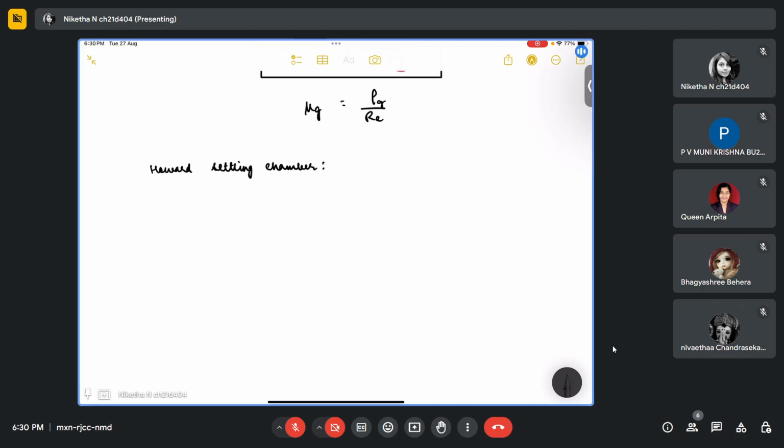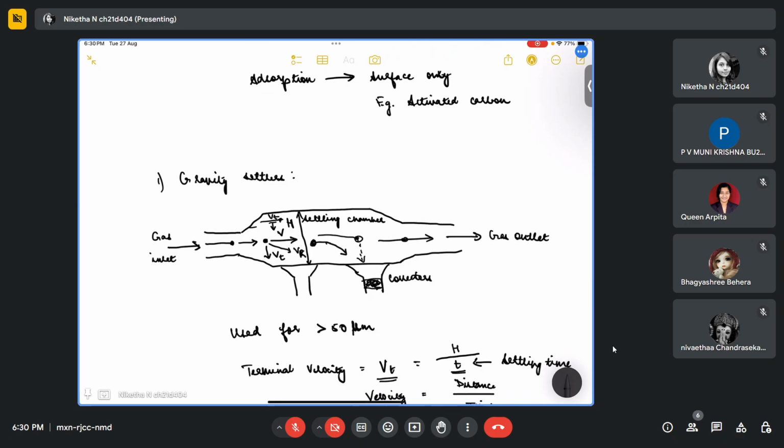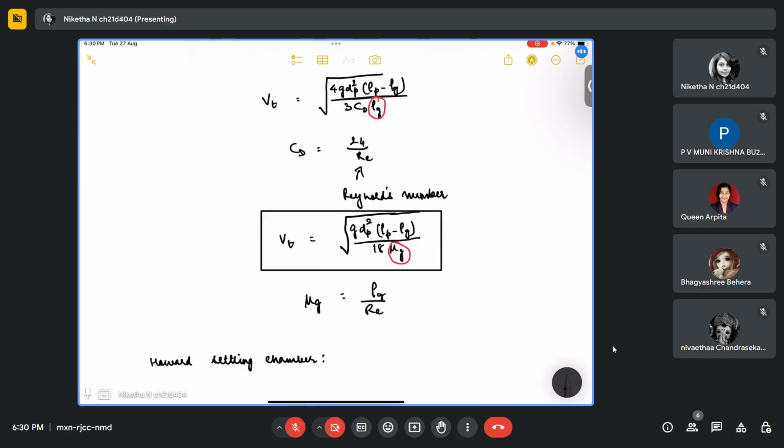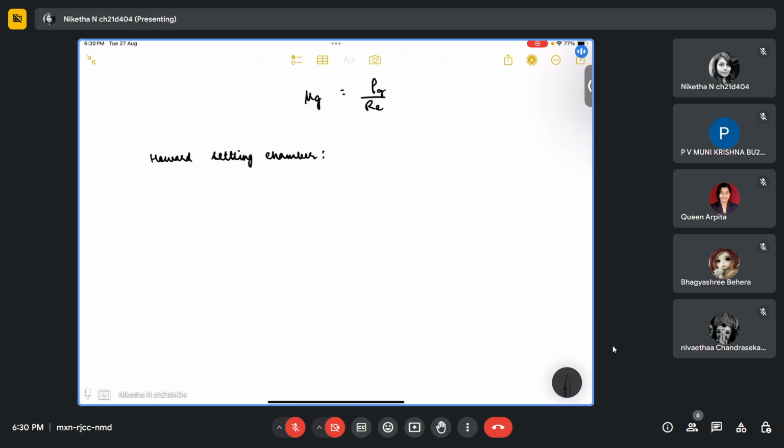So previously we saw how gravity settlers work. So gas laden with particles come in and they settle down, and then the clean gas will move out. Here the design is slightly different. So there are some plates in between.